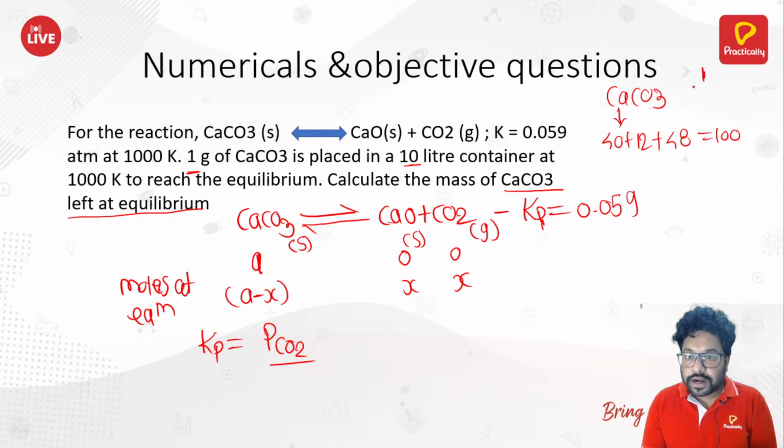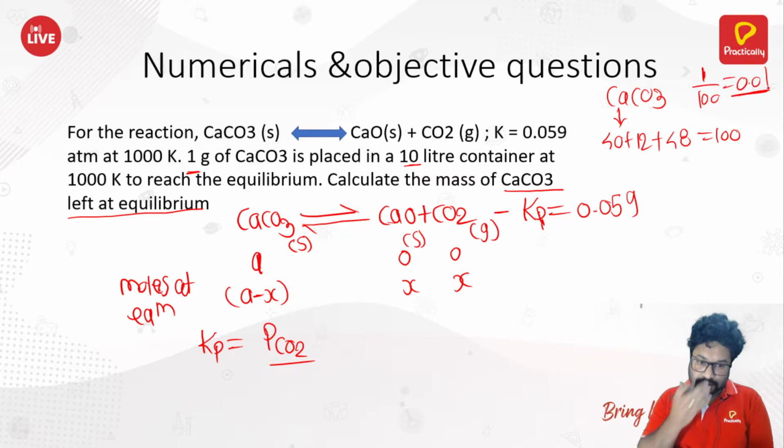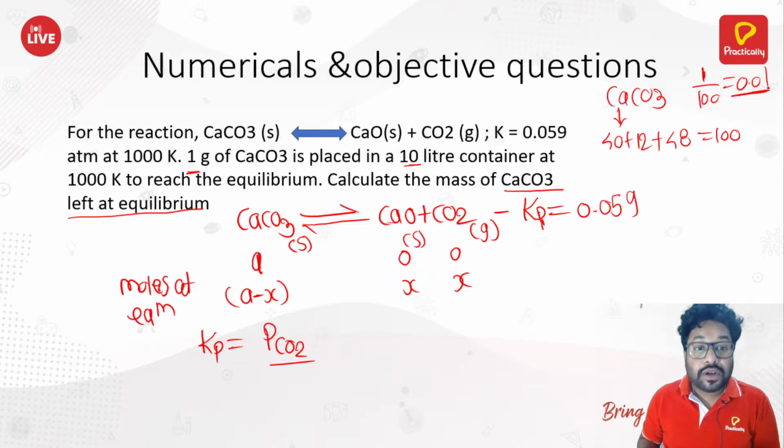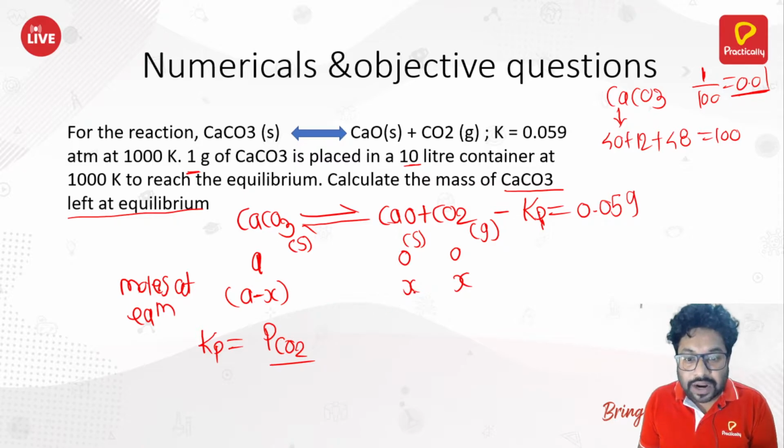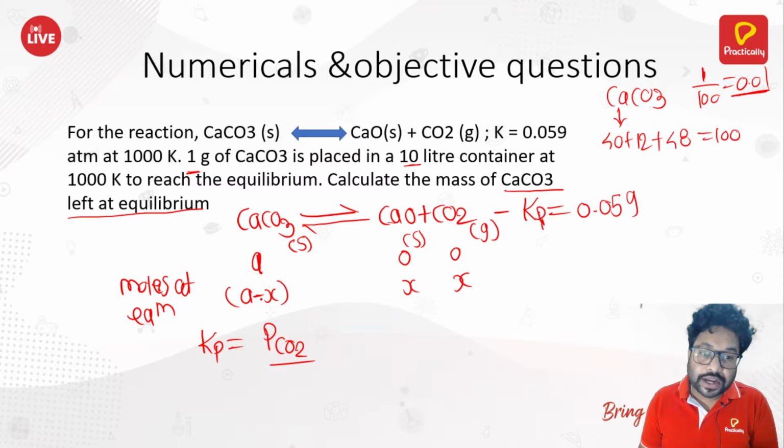So 1 divided by 100, 0.01 moles. That is the number of moles of CaCO3. So basically you know the A. You need to find out the X somehow. When you get the X, you can solve the mass of CaCO3 that is left at equilibrium.